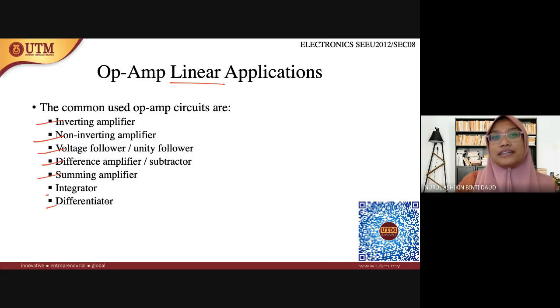But the integrator and differentiator we will not discuss in this course, because you need to use differentiation and integration, and it becomes very complicated for these two. So in this chapter on linear applications, we will discuss the inverting amplifier, non-inverting amplifier, voltage follower or unity follower, and then the difference amplifier or subtractor, and also the summing amplifier.